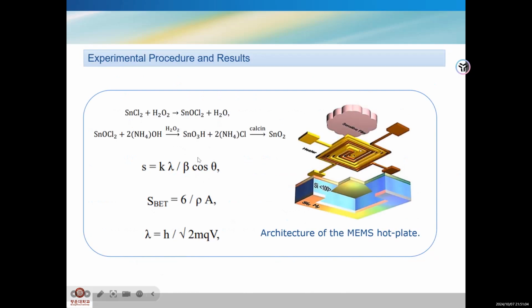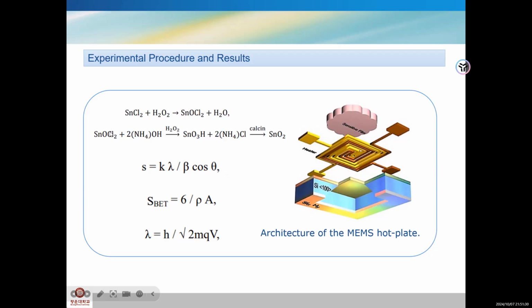So there's some equation. That means how it works. And as you can see, the image on the right is the architecture of the MEMS hot plate.